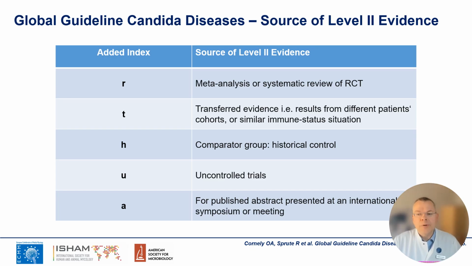So we sometimes use these, but ideally the full publication of that study will follow quickly, and only then we would want to use it. But occasionally, one or two cases over the last 10 years, we had to use A for abstract because the only evidence was an abstract, there was no randomized trial, and it took a while to publish the study. So sometimes, but really infrequently, you would see that A for abstract.